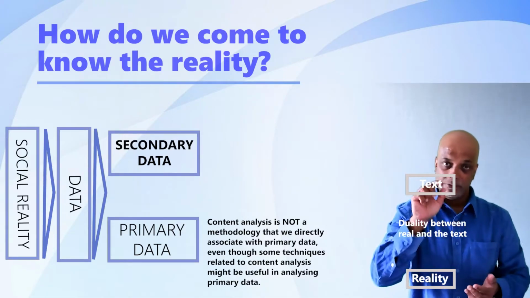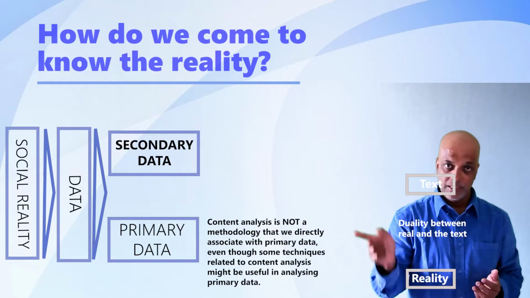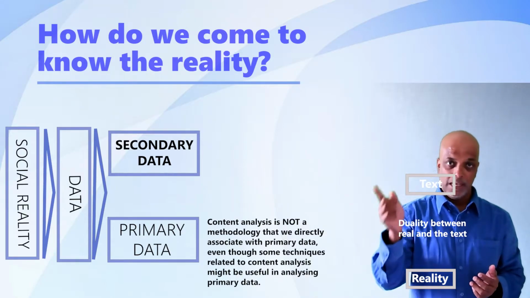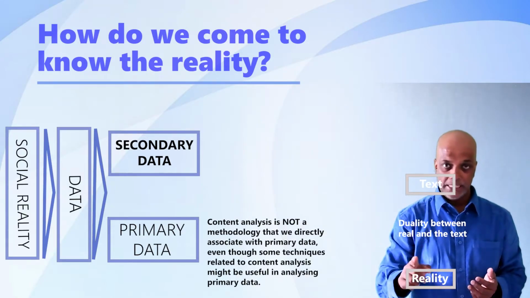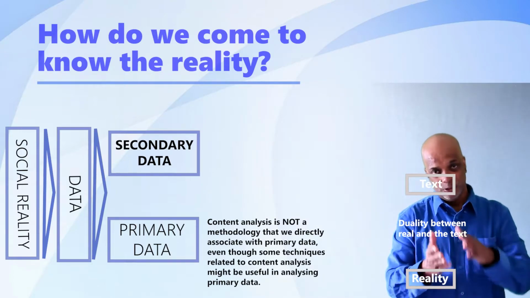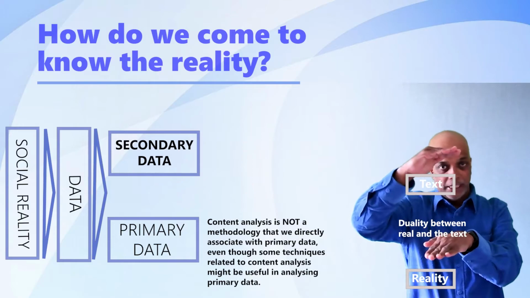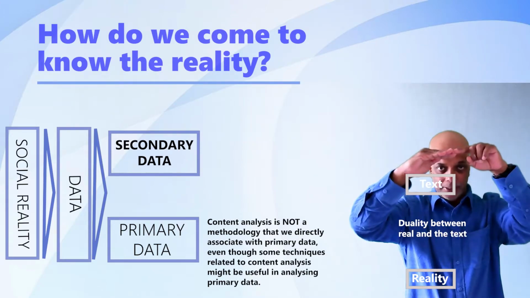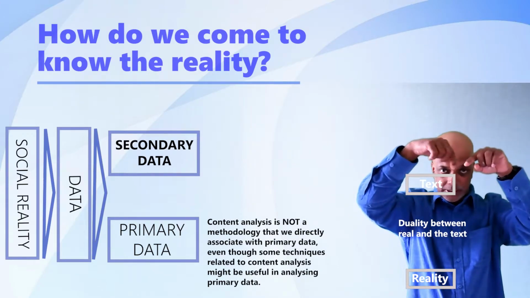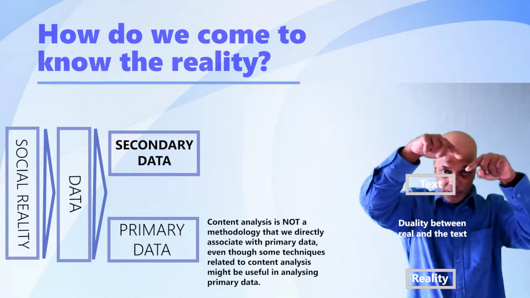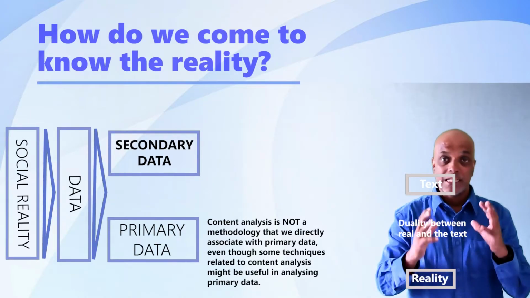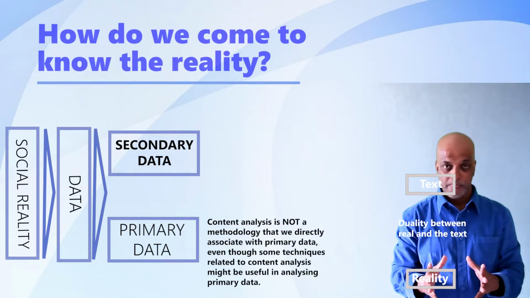Because the birth certificate will give a name for the person, an identity for the person, an ethnicity, nationality, race, and so on. So there is a connection between reality and the textualized forms of reality. And this textualization or the textualized form of reality is what we call secondary data.